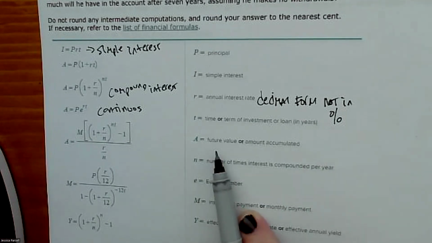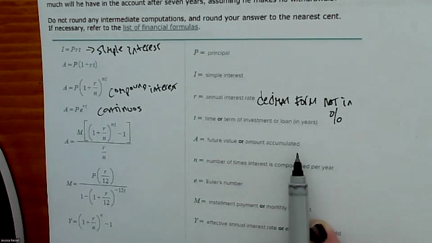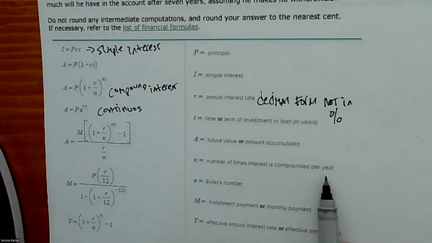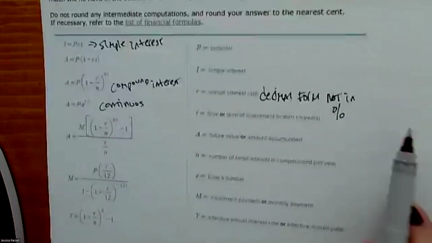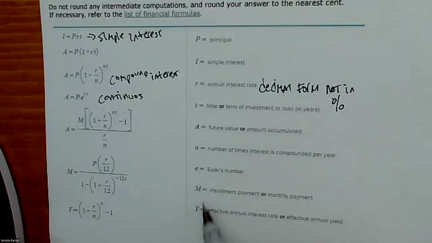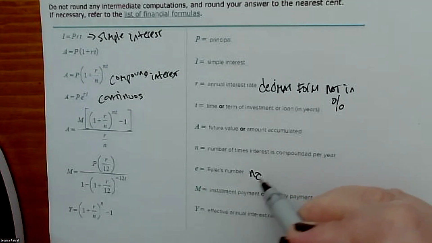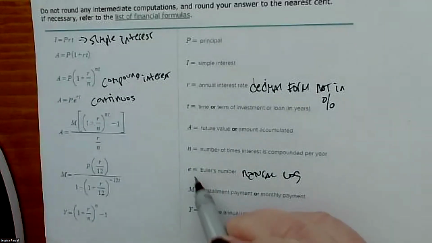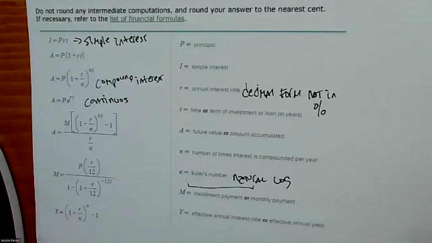You have your A, which is the future value or amount accumulated. N is the number of times interest is compounded per year if you're using that compound interest formula. We're not going to be using M and Y, but E, that's Euler's number, which is also the natural log. They're kind of like evil twins to each other.